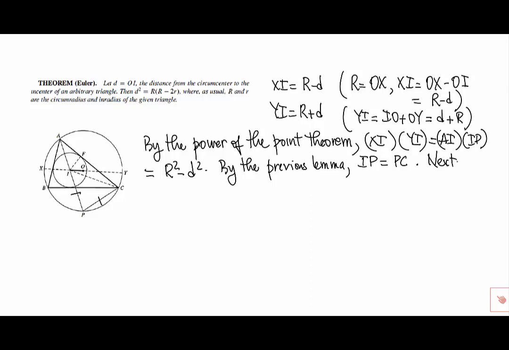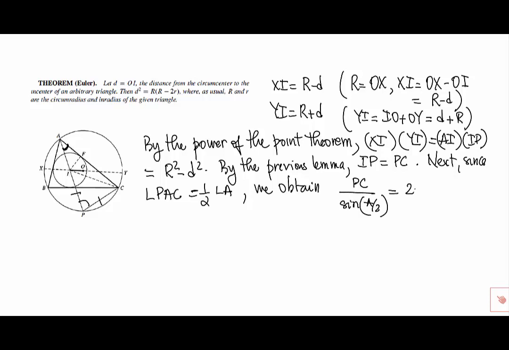Next, since angle PAC here is half of angle A, because AI bisects angle BAC, we obtain that PC over sine of A over 2 is equal to 2R, and this is by the extended law of sines.